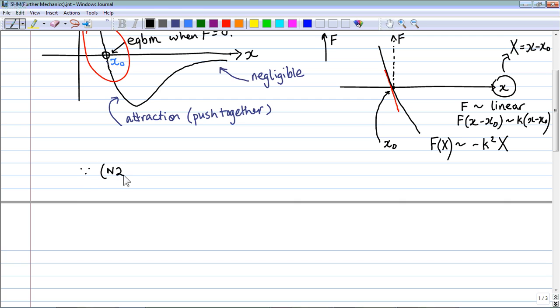Therefore, we can say that the mass times the acceleration is equal to minus k squared X. So we get d2X by dt squared. By the way, if you're not used to this notation of two dots, it just means second derivative with respect to time. So this is the equation of SHM.